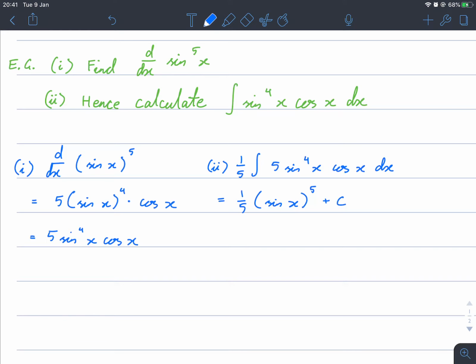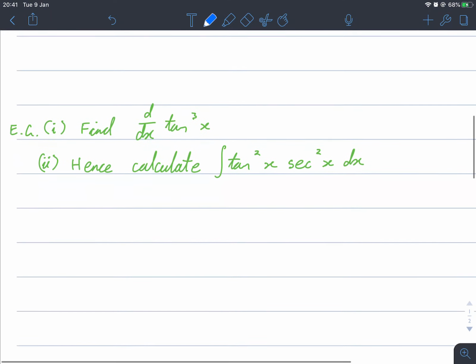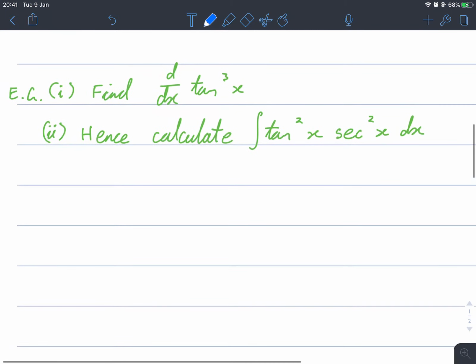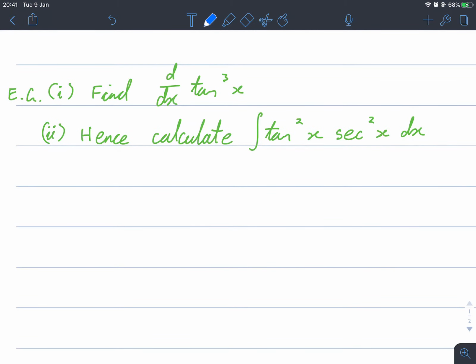Let's do another example here. Once again, we have tan cubed of x, and we're required to differentiate that first. If ever these are hard to interpret, once again, just think of it as tan of x to the power of 3.